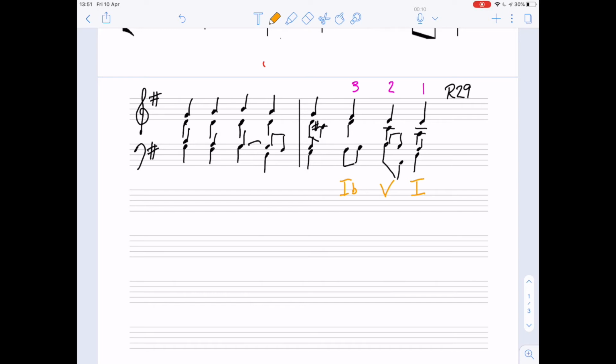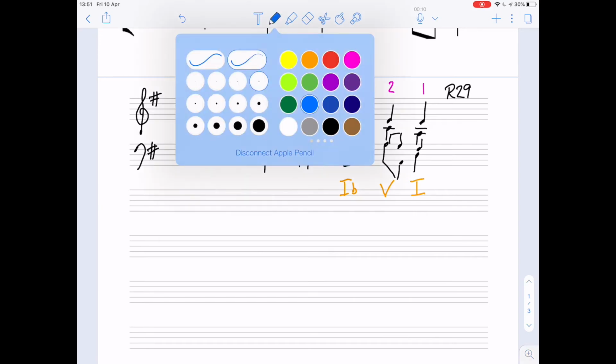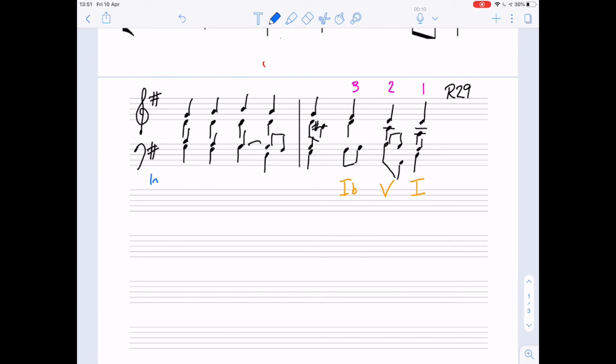If I keep going through my chorale now, I use a different colour to indicate the different chords. So we start in G at the beginning, G, B, D, G, chord 1, F sharp, A, D, A, that's chord 5B, G, B, D, that's chord 1.